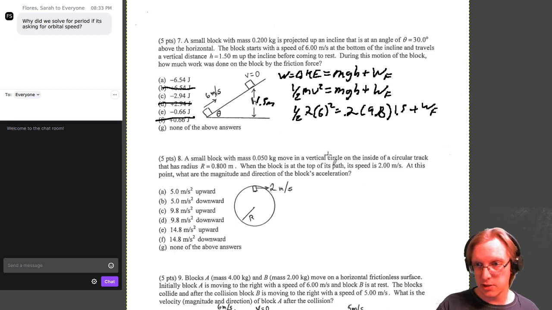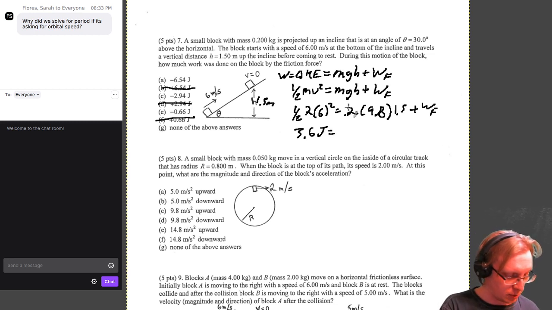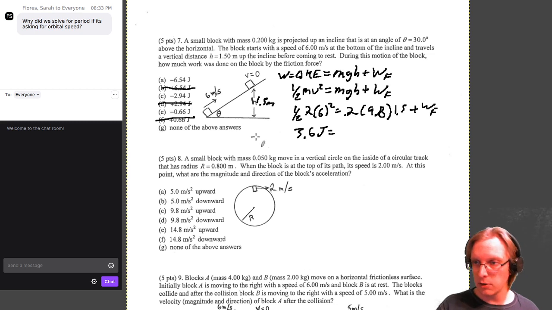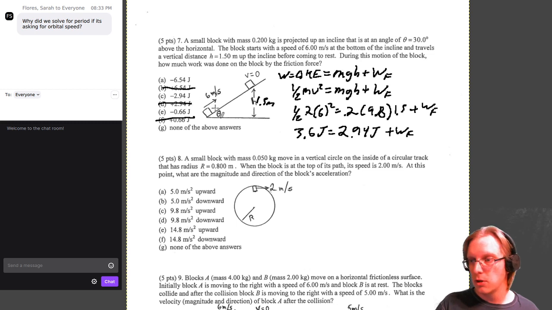So that's 3.6 on this side, 3.6 joules here. 0.2 times 9.8 times 1.5. Oh good, this number is smaller. This is exactly what we're expecting. 2.94 joules plus our work of friction. So here's our work of gravity right here, minus 2.94 joules.